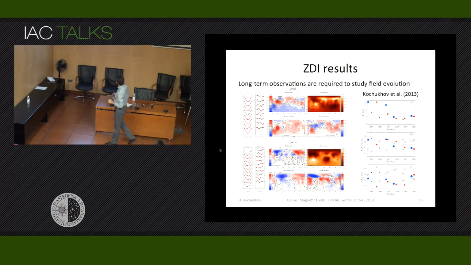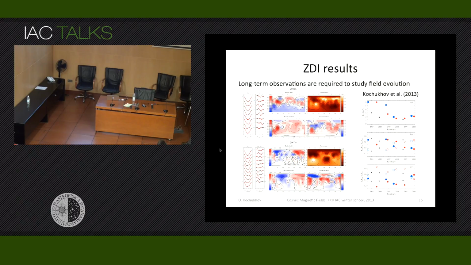Okay, this is another example of observations, ZDI maps that have been carried out by us using observations from the NOT spectropolarimeter. In this case we followed one of the most active stars, IM Pegasi, over a long time scale, and we reconstructed magnetic field distributions and spot maps.